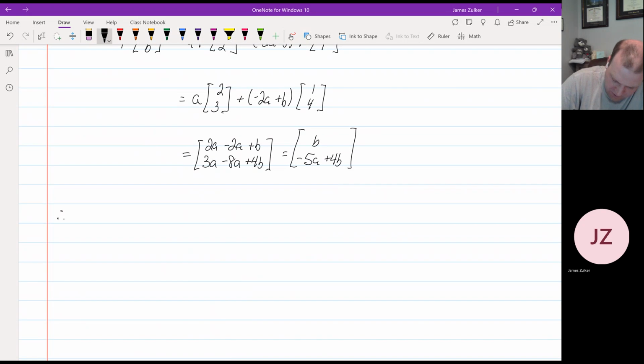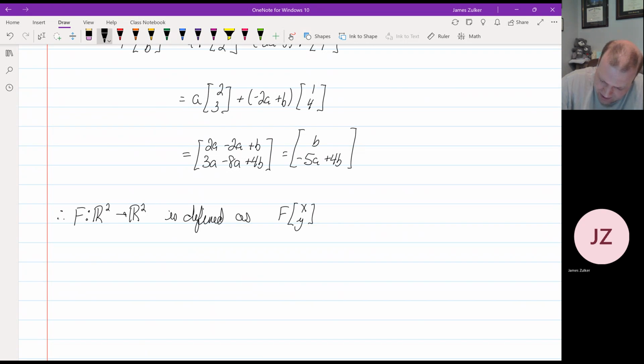So therefore, our mapping f from R2 into R2 is defined as, what I can do now is just write as f of (x, y), doesn't matter, f of (x, y) equals (y, negative 5x plus 4y).